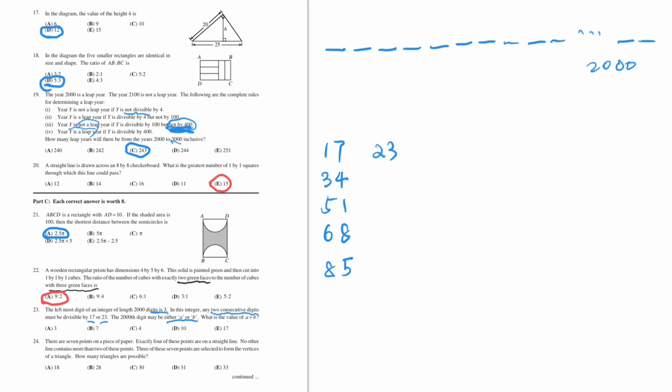Divisible by 23: 23, 46, 69, 92. So that's all. The very beginning is 3, and the last digit is A or B. So we will figure out what A and B are.